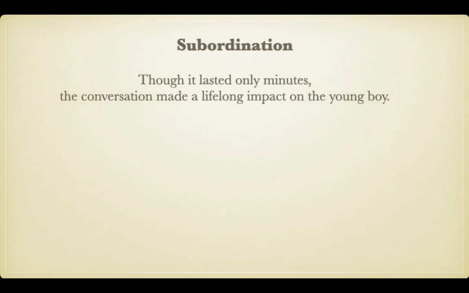Though it lasted only minutes, the conversation made a lifelong impact on the young boy. In this example, the writer uses the subordinating conjunction though to de-emphasize the phrase, it lasted only minutes. The more significant idea is emphasized in the independent clause. The conversation made a lifelong impact.